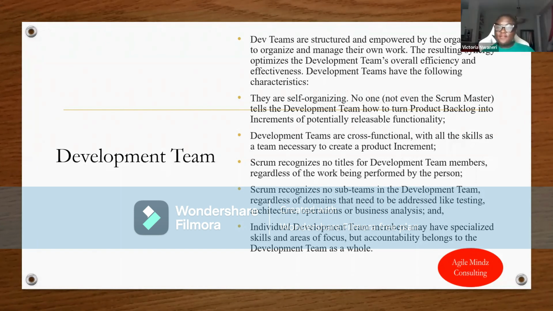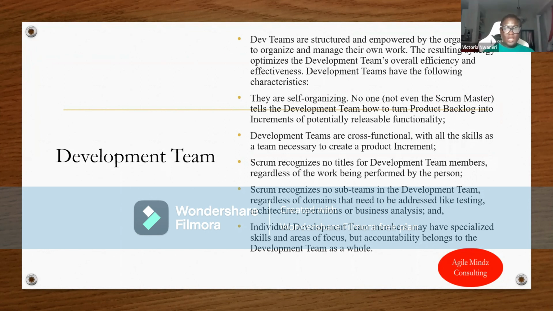The dev team should have the necessary skill sets to be able to develop the increments at the end of each sprint. It says that Scrum recognizes no titles, in the sense that the development team, the testers, the coders, whatever the case may be, are working as a unit and not necessarily separate.